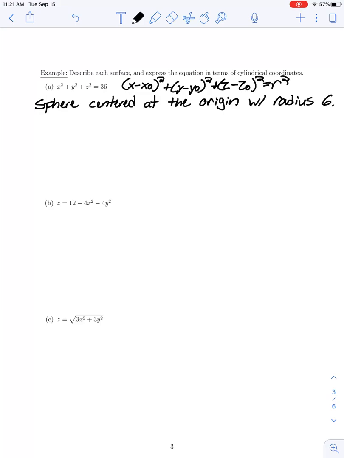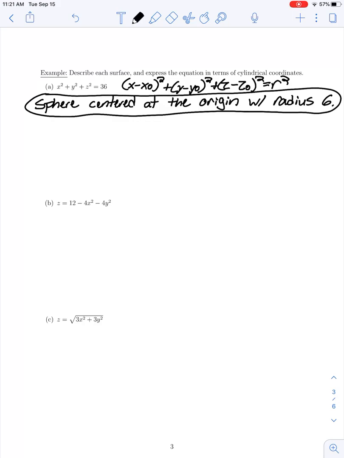So we have the equation of a sphere whose center is 0, 0, 0, or the origin. And since our right-hand side was 36, that's the radius squared, so our radius would be 6. So that is the first part of our problem, to describe our surface.